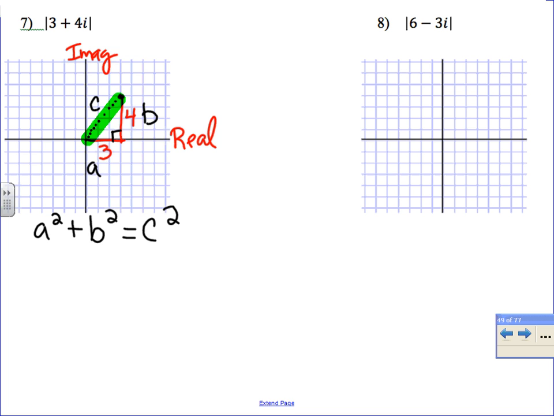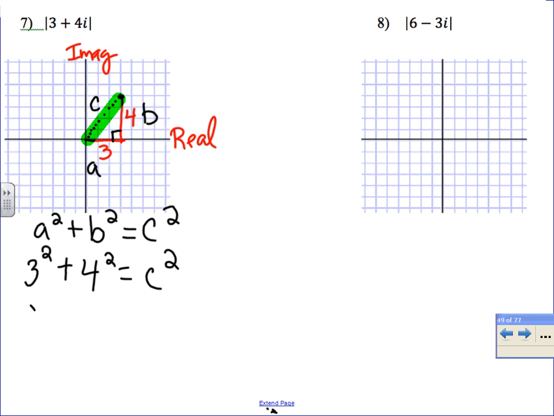The hypotenuse, which is the distance from the right angle, is always c. So that hypotenuse there is always c. So let's find the distance from 0. A is 3, so we have 3 squared plus b is 4, so plus 4 squared, which is equal to c squared.